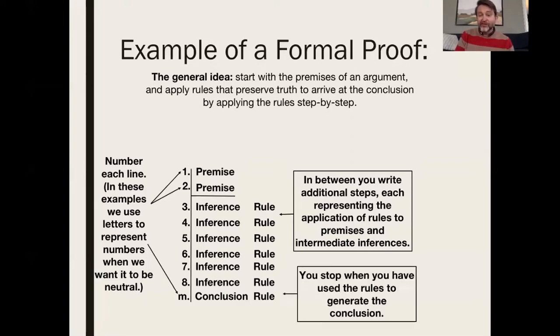And you stop when you've used the rules to generate the conclusion that you're after. So this is a way of showing a pattern of reasoning that leads us from some premises to a conclusion. In other words, this allows us to appreciate not only that an argument is valid, but the various steps along the way that get us to the conclusion in a valid, that is, truth-preserving fashion.